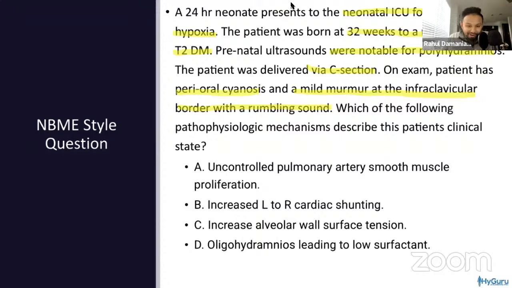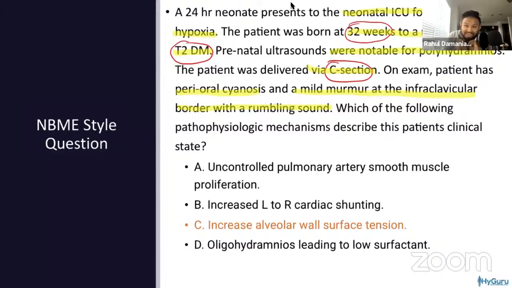So the answer here is going to be C, increased alveolar wall surface tension. The keys to this question are the fact that the patient is premature, the mom had a high amount of insulin resistance, which caused decreased surfactant production. There was a lack of glucocorticoid stress because the patient had a C-section and the baby was delivered without that increased glucocorticoid stress.